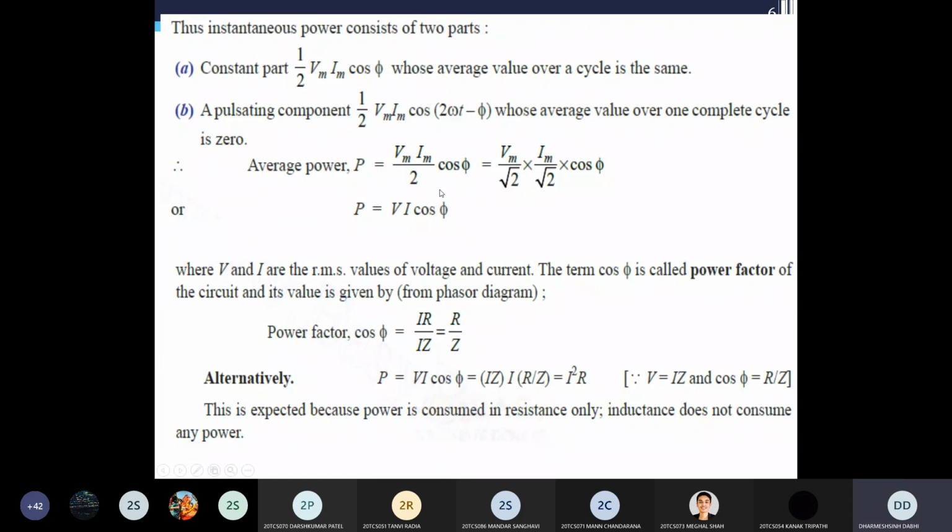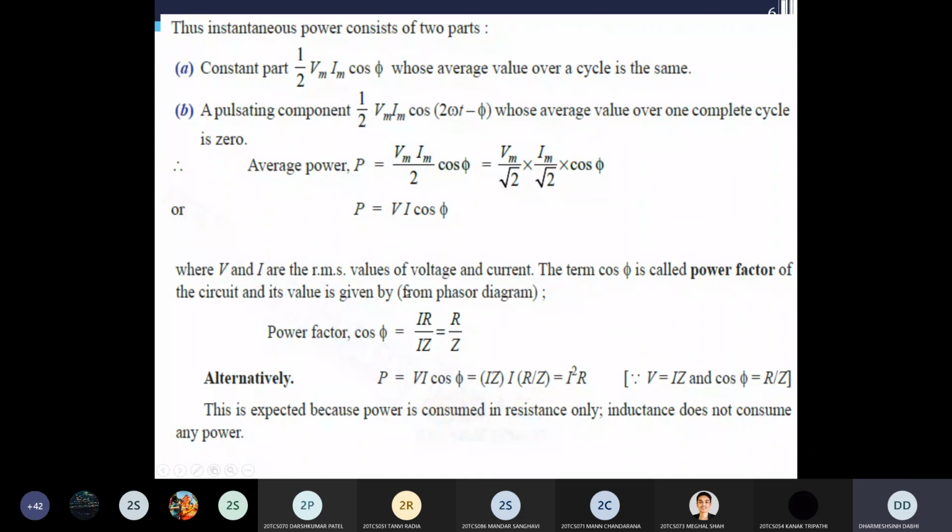So here your circuit is a combination of R and L. You can find this power factor from the equation P equal to VI cos phi if you know the value of power, V and I. Another way you can find the power factor cos phi is by the equation IR by IZ.